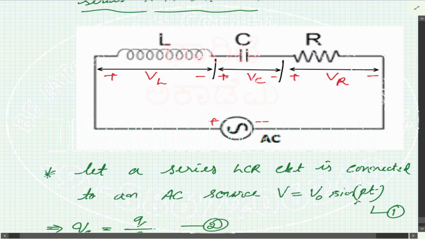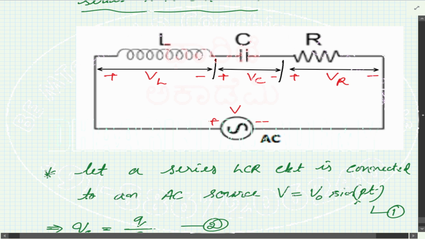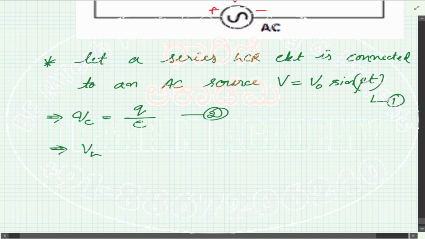Now when you add these voltages, you should get the supply voltage V. This is the convention, and we are applying the same thing here to write our individual terms. VL is the voltage across the inductor, given by L into di by dt.